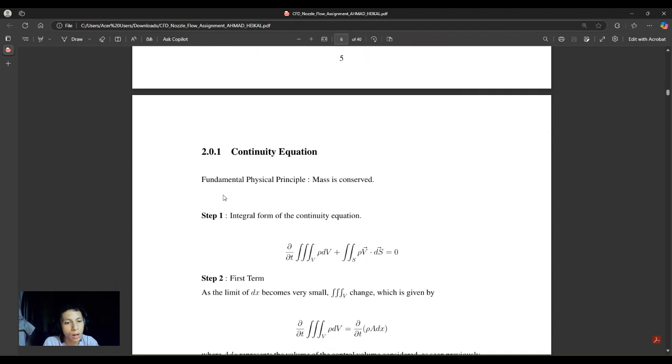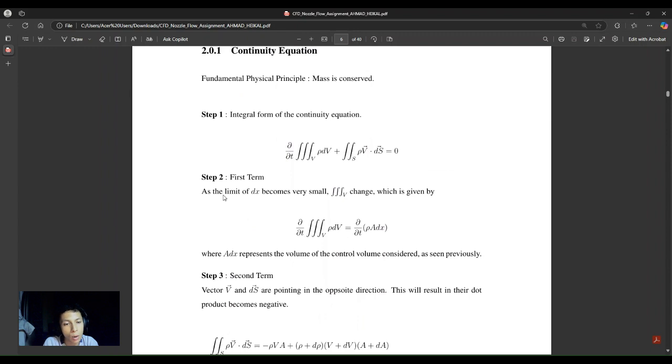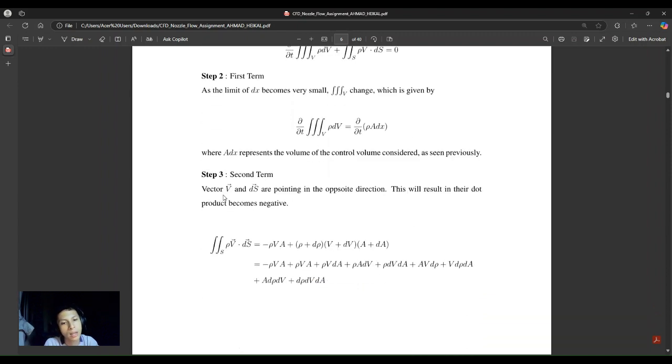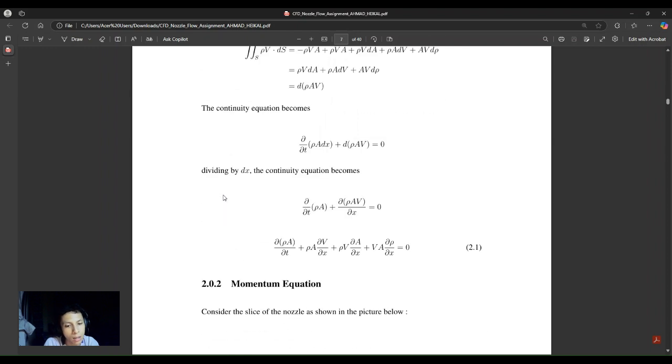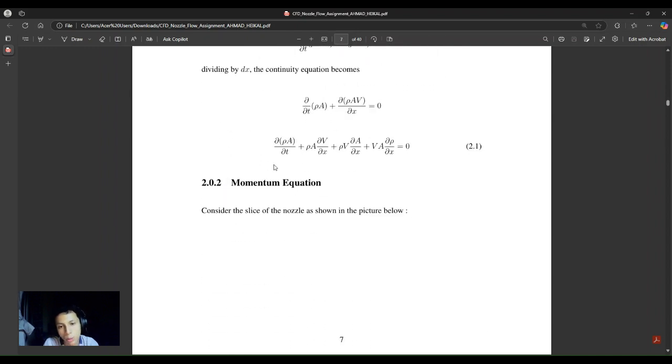As usual, the continuity equation uses the fundamental physical principle that mass is conserved, where we start from the integral form of the continuity equation, and after some physical applications and algebraic manipulations, we have the continuity equation as equation 2.